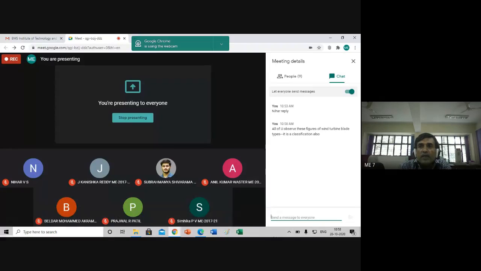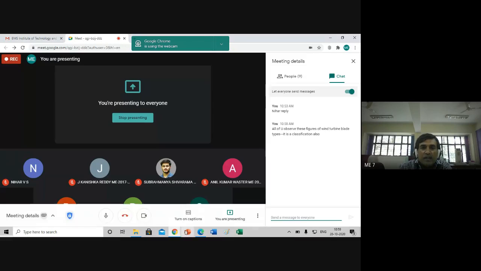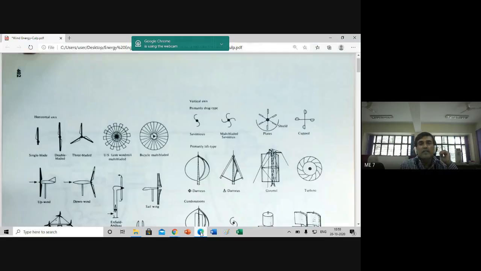All of you observe these figures of wind turbine blade types. It is a classification also. Okay, just see this one.